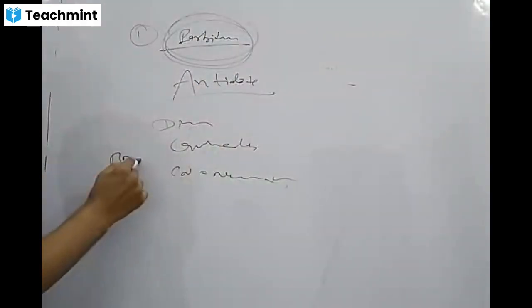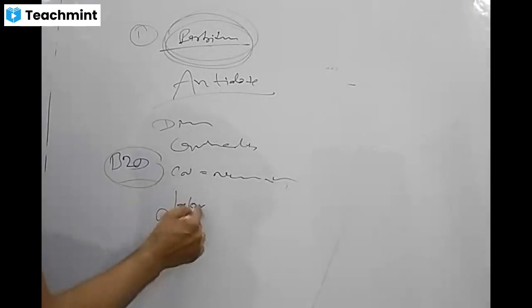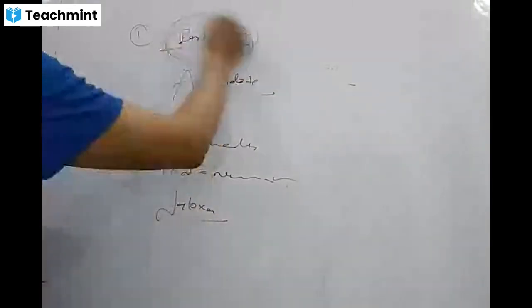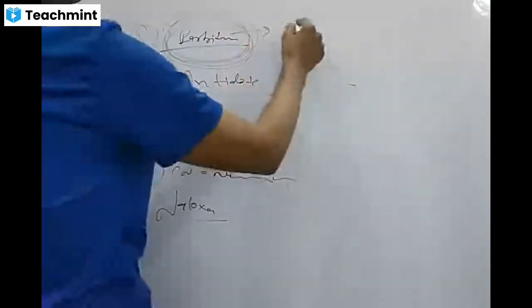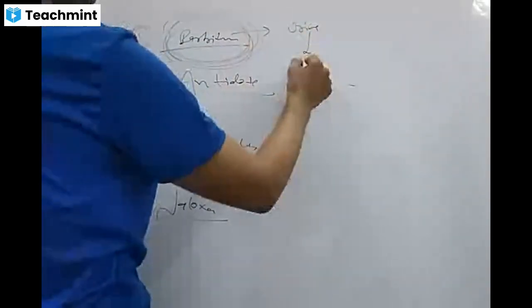But BZD, benzodiazepine, has one antidote. What do you call that? Flumazenil. And if there is opioid poisoning, they have naloxone. But barbiturate does not have a specific one. So how to remove the poisoning? We make the urine alkaline.